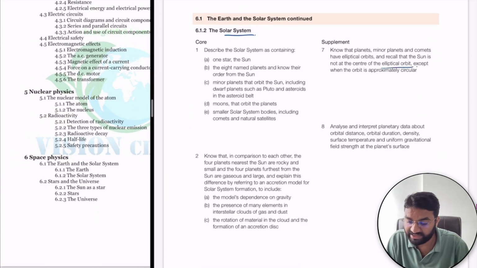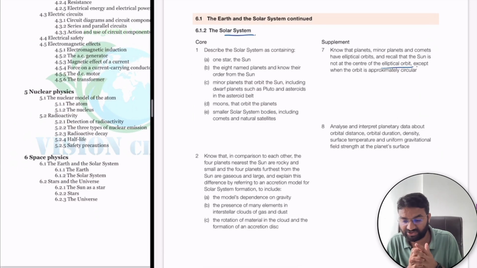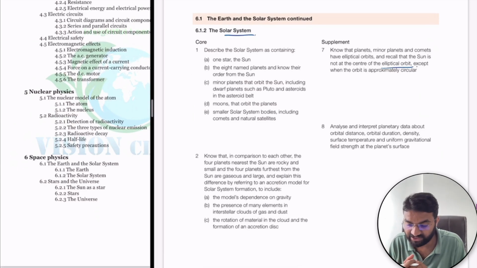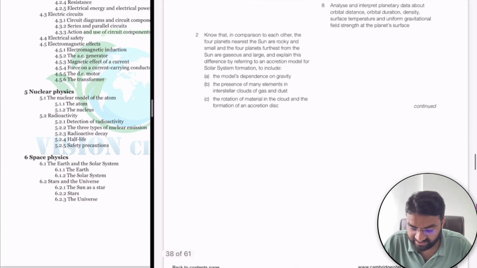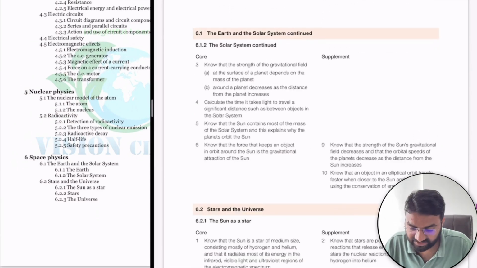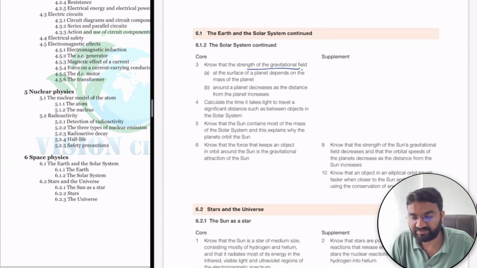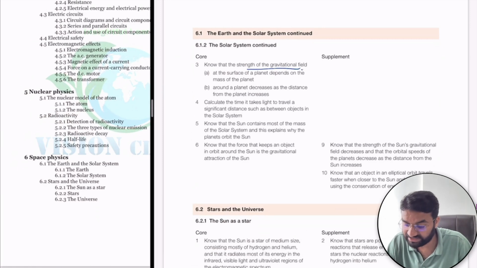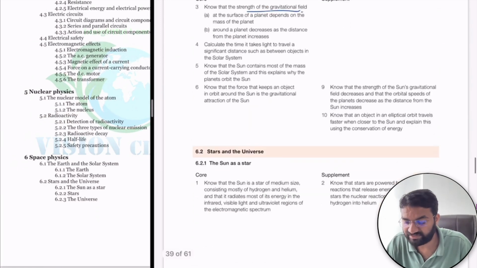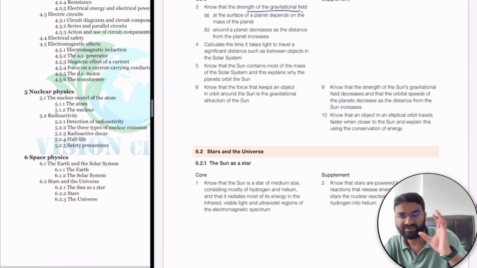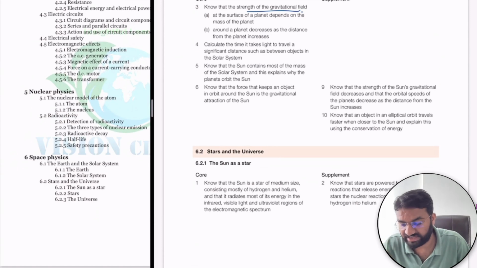Orbital duration, density, surface temperature, then uniform gravitational field strength concepts. In the solar system, the strength of the gravitational field, how it changes from planet to planet. Then how the sun's gravitational field decreases and increases.